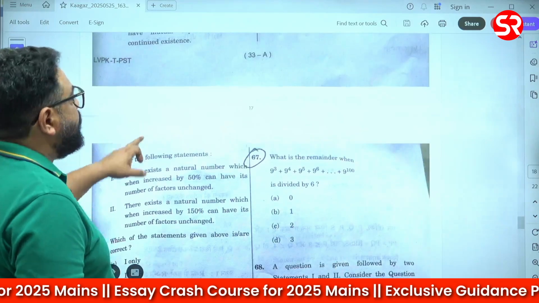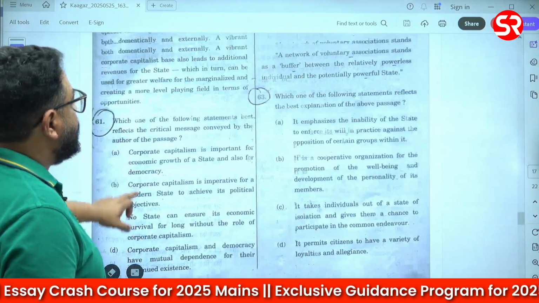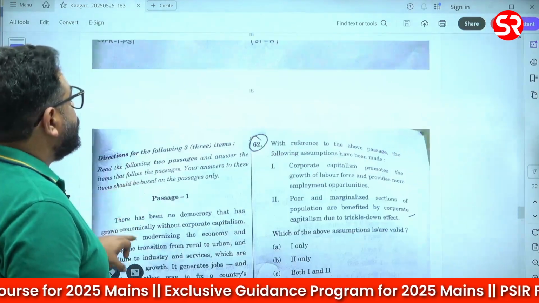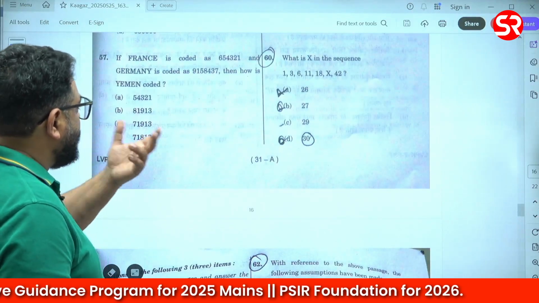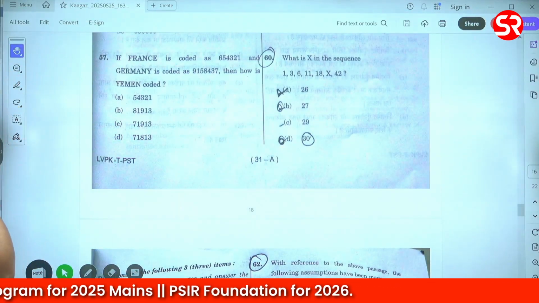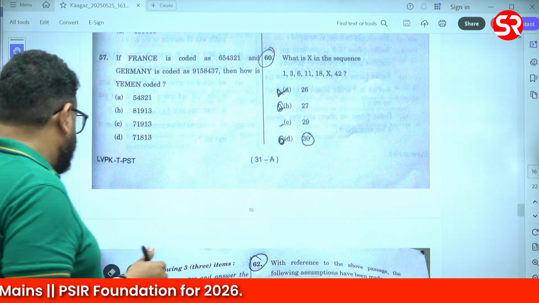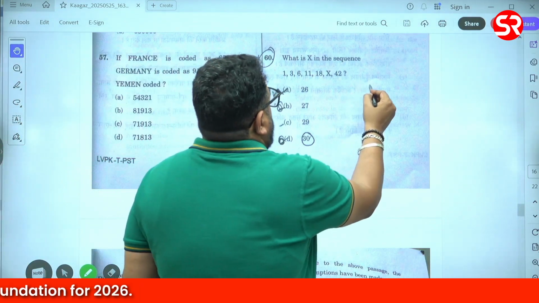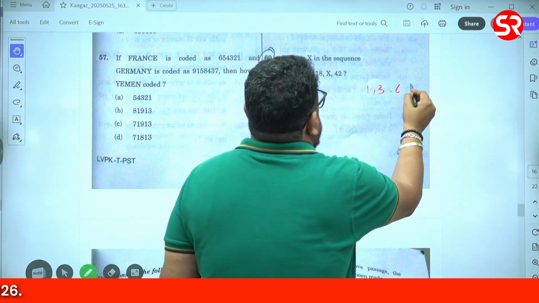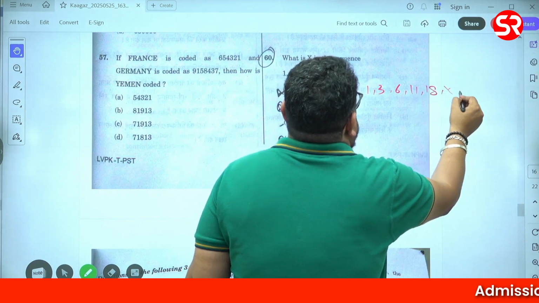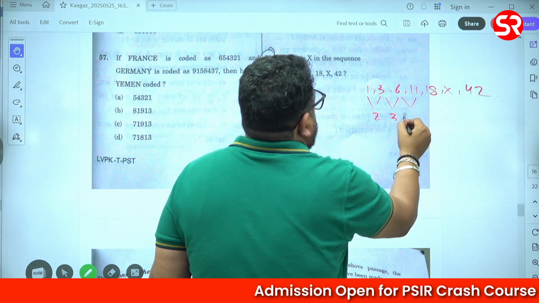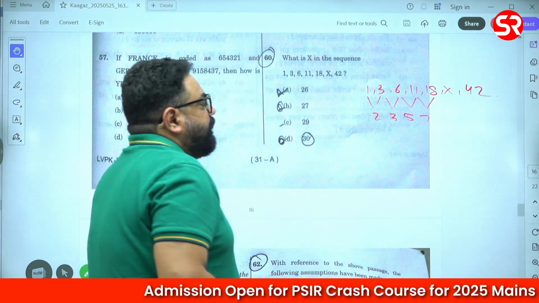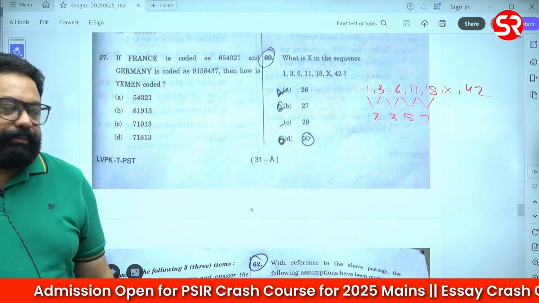नेक्स्ट देखा जाए. This is again something that any one of you should have done. These were easy. 1, 3, 6, x, 42. Difference of 2, difference of 3, 5, difference of prime numbers, right?